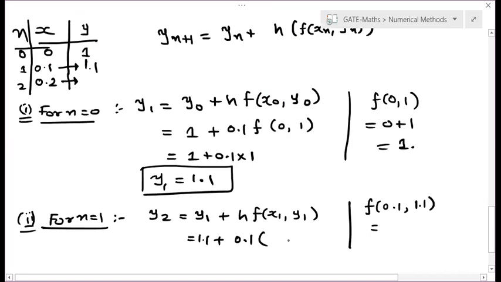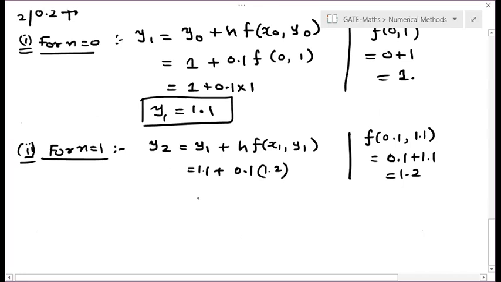So this is 0.1 plus 1.1, which is 1.2. 1.2 into 0.1 is 0.12. 1.1 plus 0.12 is 1.22. This is your y2. So y1 is 1.1 and y2 is 1.22.